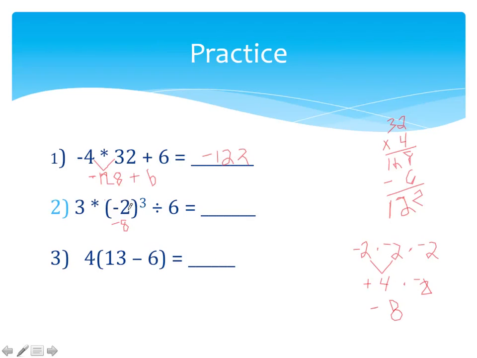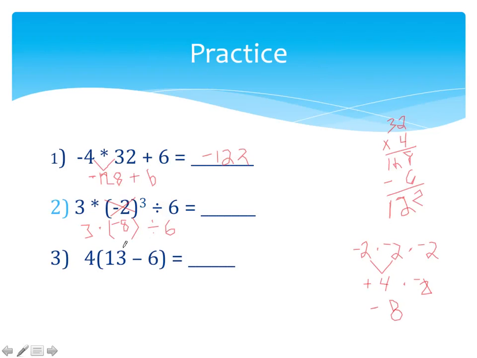It might be a good idea to cross this out so you know you used that. All right, now my question is going to be 3 times negative 8, and because it's negative, I'm going to keep it in parentheses, and all of that is divided by 6.